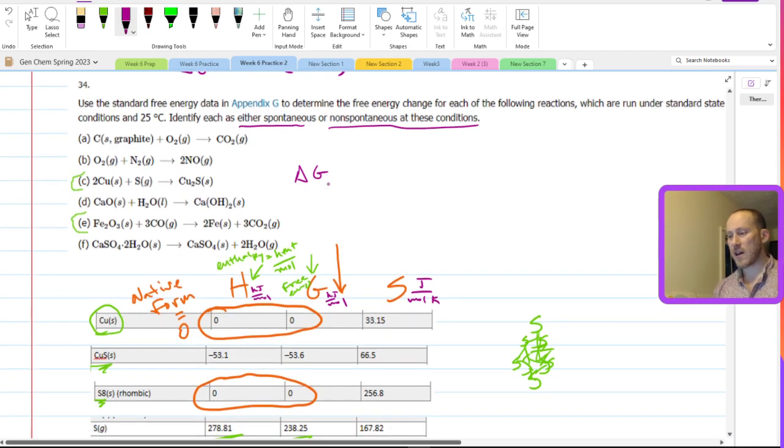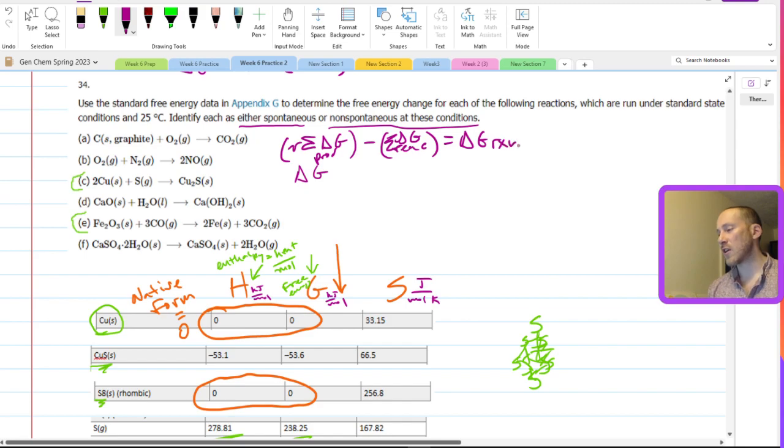How we're going to do that is similar to what we did with delta S: the sum of the delta G's of the products with stoichiometric coefficients as appropriate, minus that of the reactants, is how we get the delta G of the whole reaction. That could apply to delta H as well. So the free energy of the products minus the reactants. That's what we are going for here.